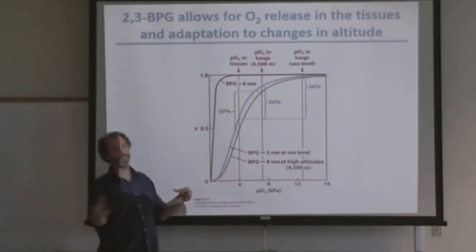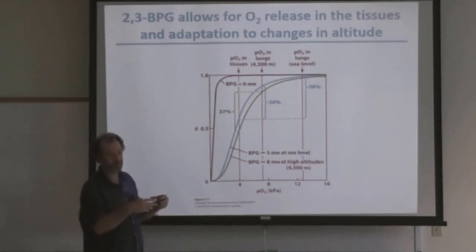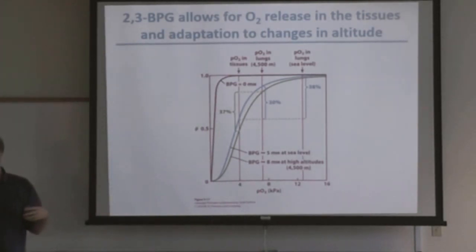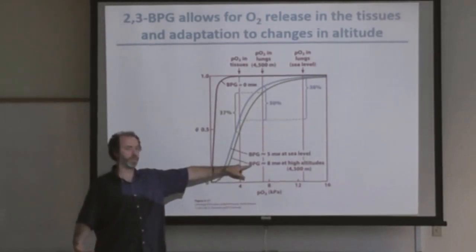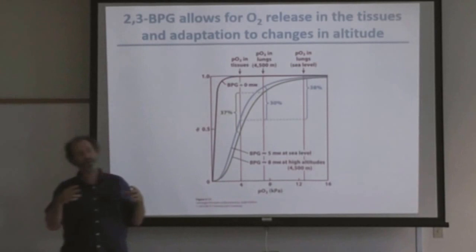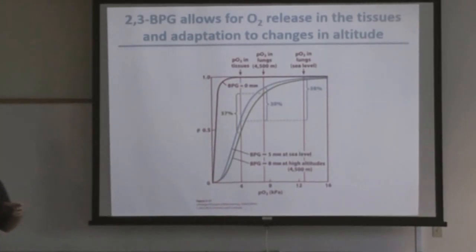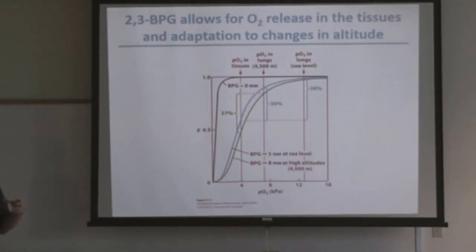So there's less 2,3-bisphosphoglycerate bound to the hemoglobin of fetuses. But the mother's hemoglobin has normal affinity and normal amounts of bisphosphoglycerate. So that's how fetal hemoglobin ends up having a higher affinity for oxygen than the mother's hemoglobin, and you can transfer the oxygen across the placenta that way.